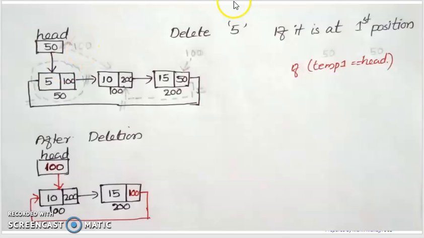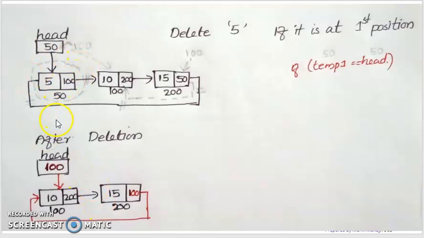So we can find if it is the first node by checking the condition if temp1 is equal to head. In this example, we want to delete the element 5, and that is at the first position itself. After deleting that node, the circular linked list will appear like this.